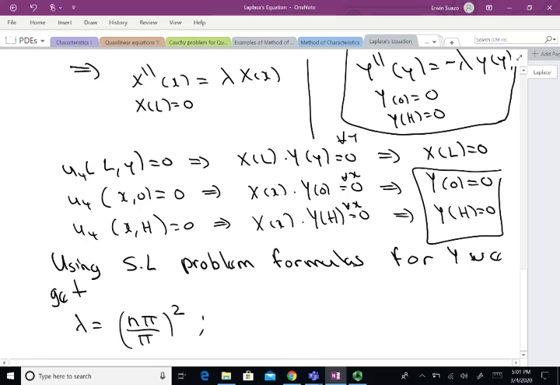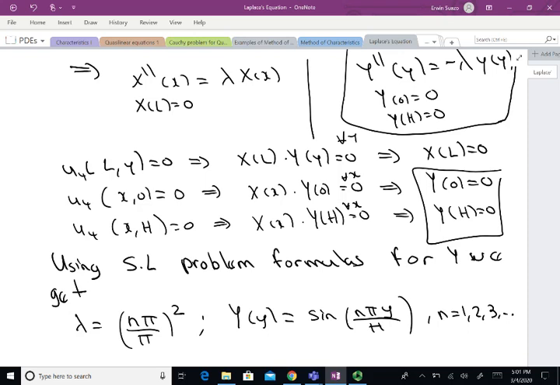We get y of y is going to be sine of n pi y over h, right? And this is for n equals 1, 2, 3, and so on, because it's a sine Fourier series. So we have our y. This is my y sub n, and this is my lambda sub n, right?